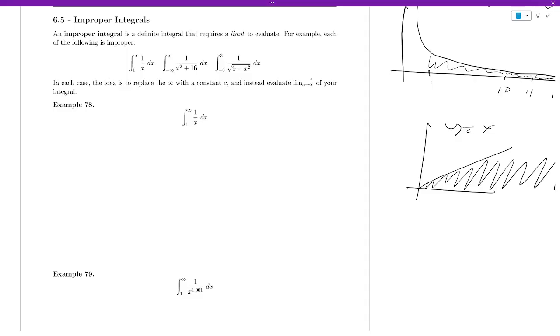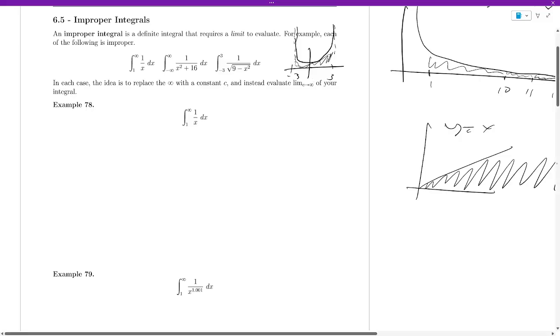If you graph this 1 over square root of 9 minus x squared function, you'll see negative 3 and 3, and the function will make a shape which looks something like this. It looks like a finite area, but these lines are actually asymptotes going up forever. So it's not obvious whether you would get a finite area if you integrated from negative 3 to 3, but you can attempt to evaluate that as well with a limit.